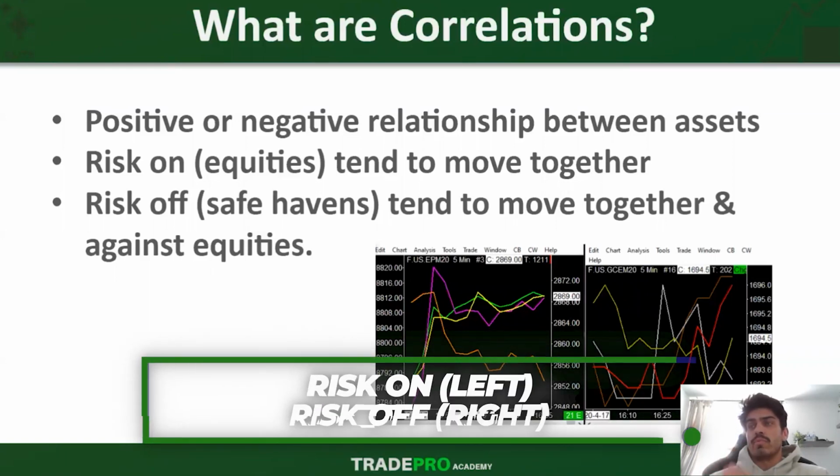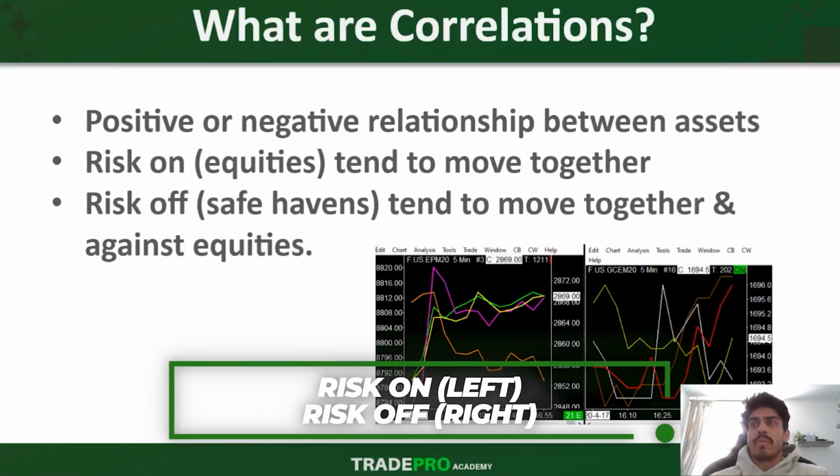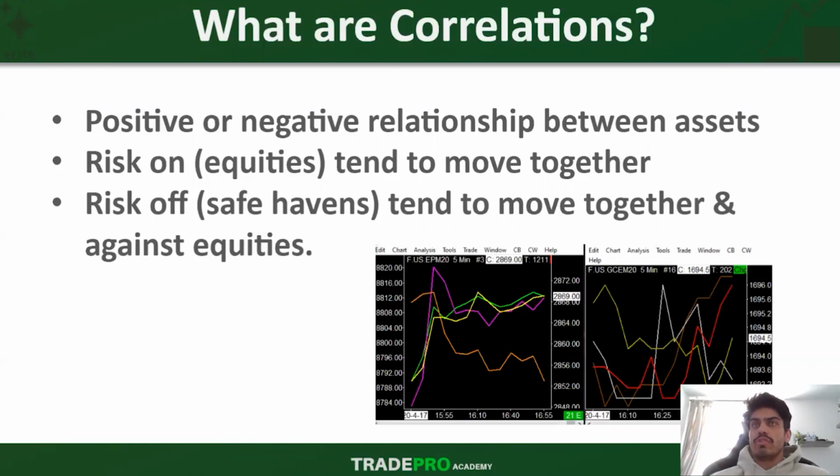So these are divided between risk on the left and risk off on the right. You can see that generally they do tend to move together, each within its respective correlation matrix. You can see Russell might be slightly a laggard, so that's something to note. We may look at that in the future of this particular video. So let's go ahead and continue.